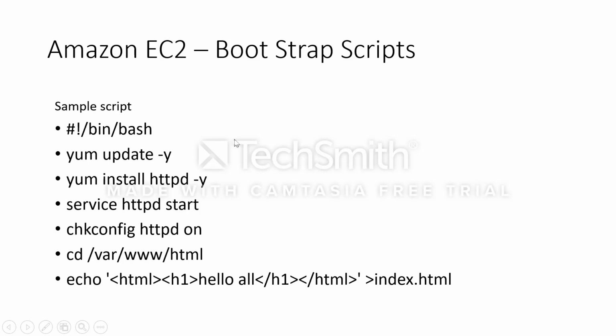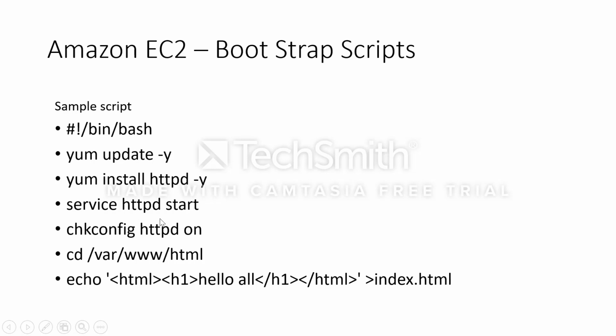This is the sample script. You start with this particular line and then we are doing a yum update. If a user action is required, we cannot use those commands in the script. We are doing a yum update here and we are installing the HTTPD.